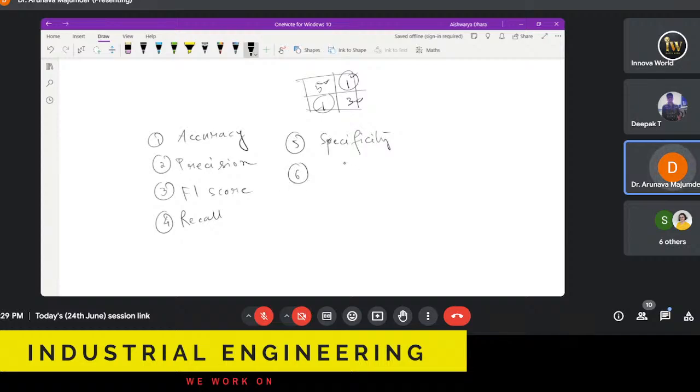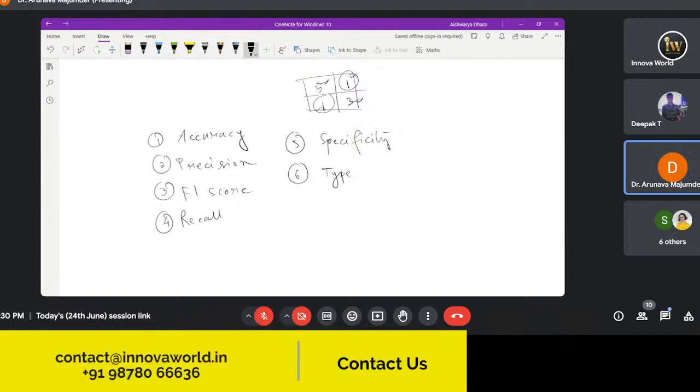Another one is also there, which is called type 1 and type 2 error.